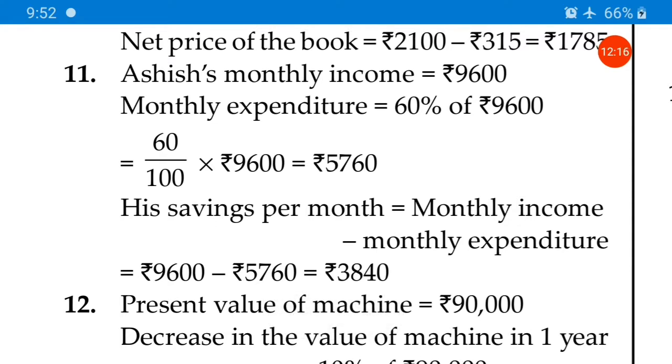Question number 11. Ashish's monthly income is rupees 9600. His monthly expenditure is 60%. What is his saving per month? So here Ashish's monthly income is rupees 9600, monthly expenditure 60% of 9600.